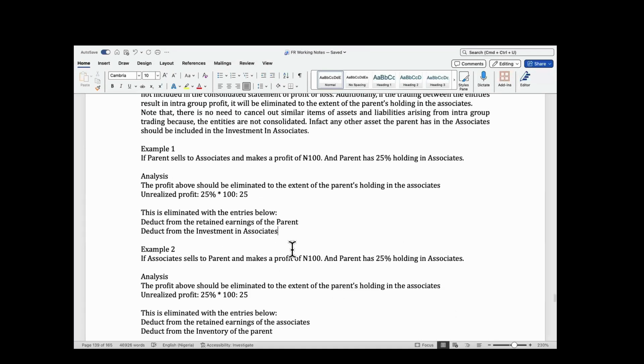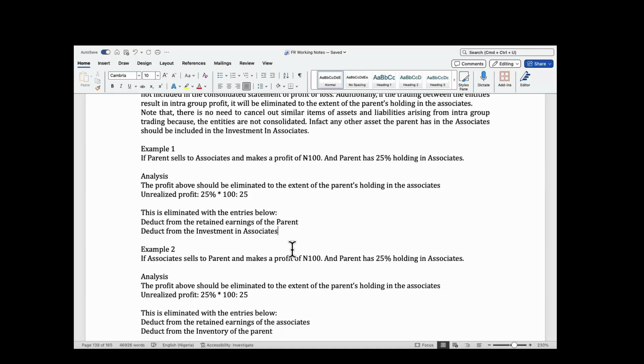So I need more questions, please, because this is all for associates. Yeah, Ahmed. What if part of the inventory has been sold? Not all. So it's similar, just like we did. It's only the portion that is unsold. It's only that portion that you remove the profit load from.